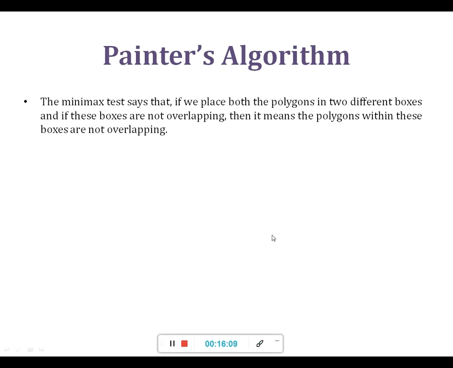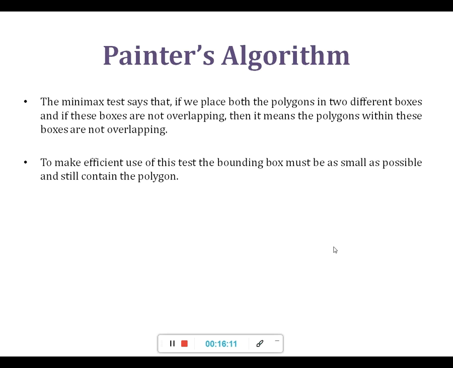To make efficient use of this technique, the bounding box should be as small as possible while still containing the polygon, meaning the box should contain the whole polygon within it.